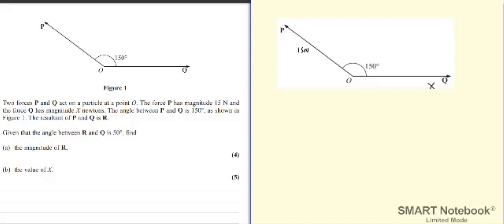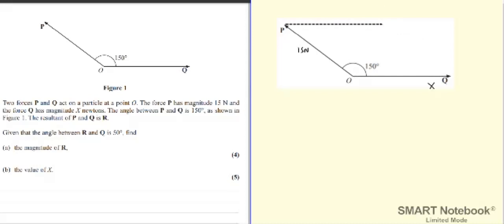The resultant of forces P and Q is R. So the resultant of these two forces is R. For example, if I was to put this arrow, let me just move that now, this would tell me where R ends up.